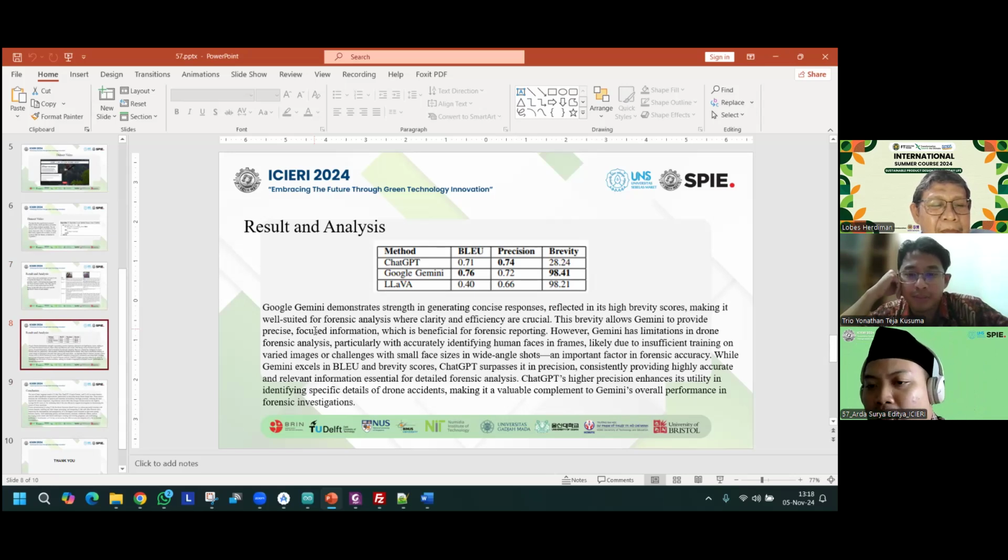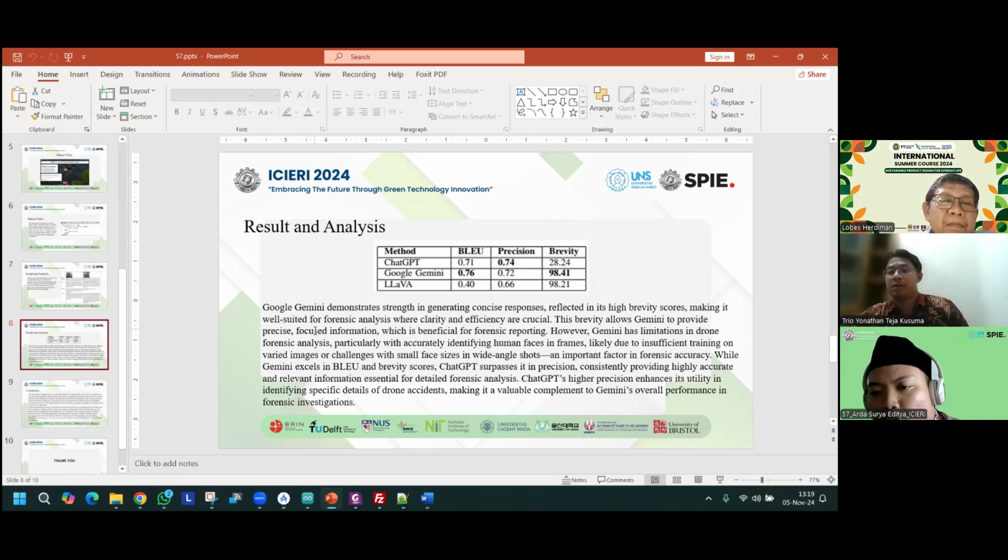However, Gemini has a limitation in drone forensic analysis, particularly with accurately identifying human faces in frames, likely due to insufficient training on forensic images or challenges with small face size in wide-angle shots, an important factor in forensic accuracy.